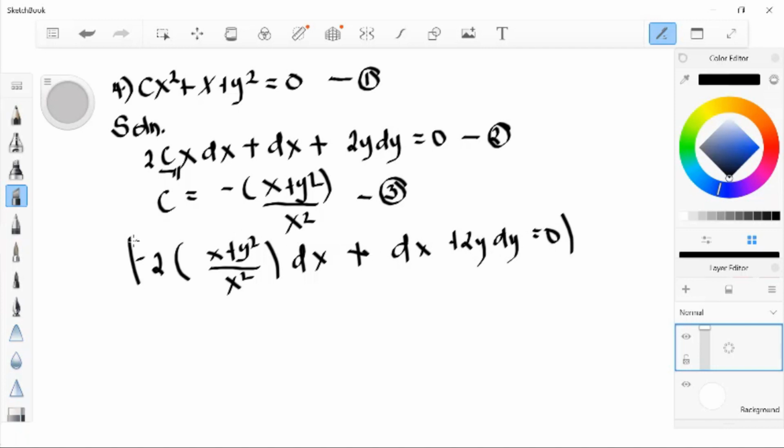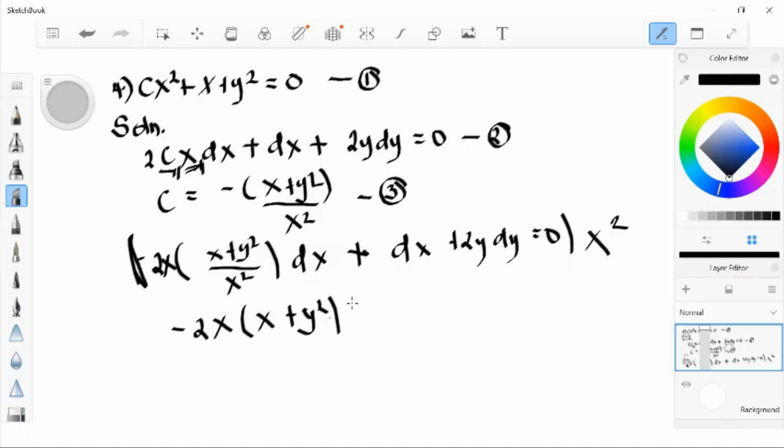And again, to simplify it, because I want to eliminate this x squared, the denominator, we must multiply both sides by x squared. Oops, I forgot to write this x, that is 2x. Therefore, this will become negative 2x times x plus y squared dx plus x squared dx plus 2x squared y dy is equal to 0.